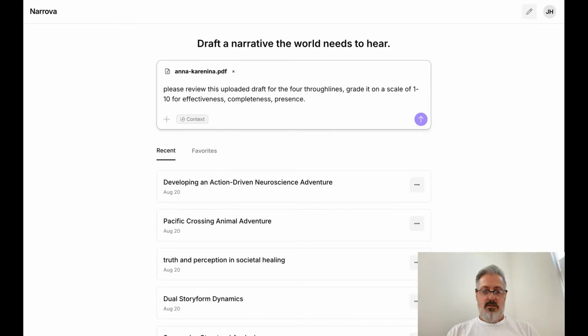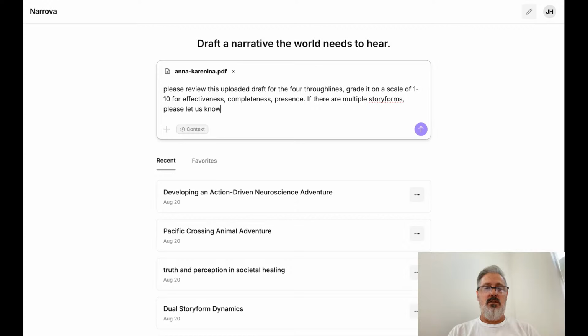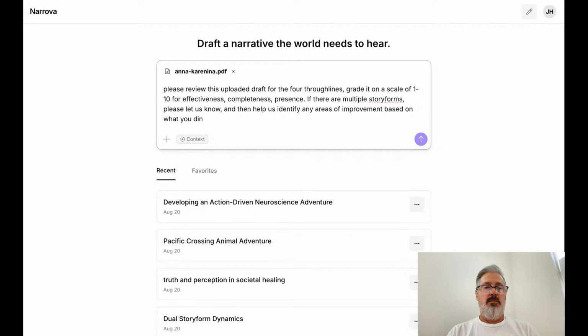If there are multiple story forms, please let us know. And then help us identify any areas of improvement based on what you find.